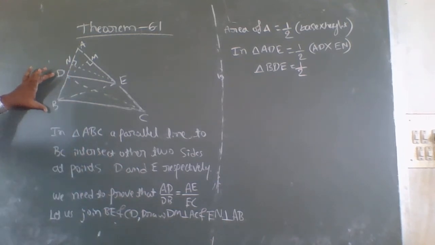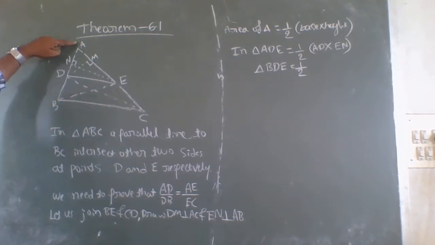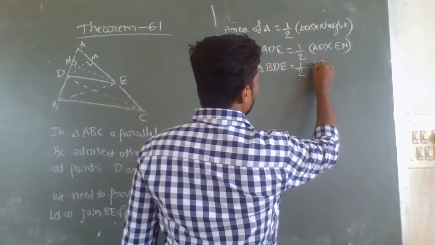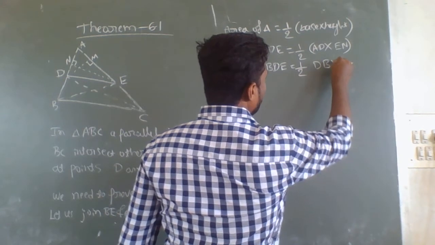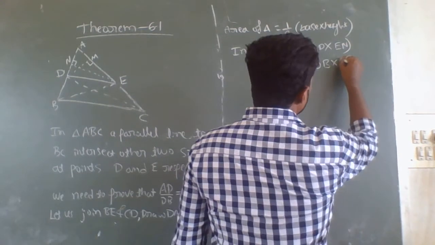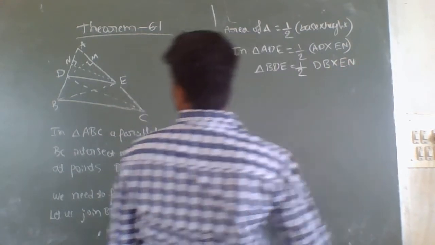If DB is the base, what is the height of the triangle BDE? EN only, because this EN is perpendicular to side AB. Therefore, 1 by 2 into DB into height EN.